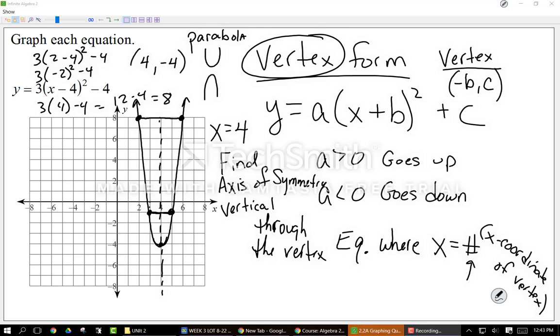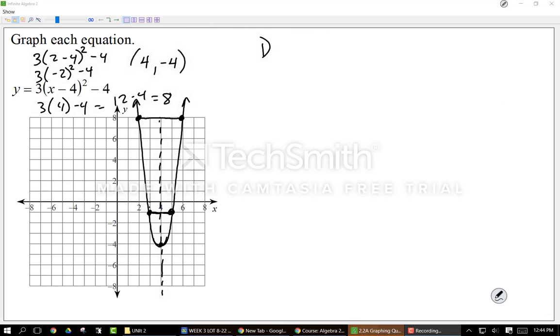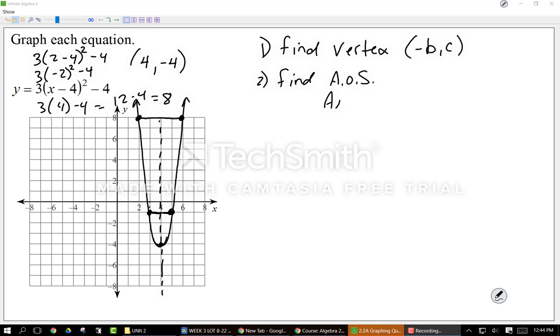So what have we done so far in this particular problem? 1, we found the vertex. Remember, it was the opposite of B, comma, C. Step 2, we found the AOS, the axis of symmetry.